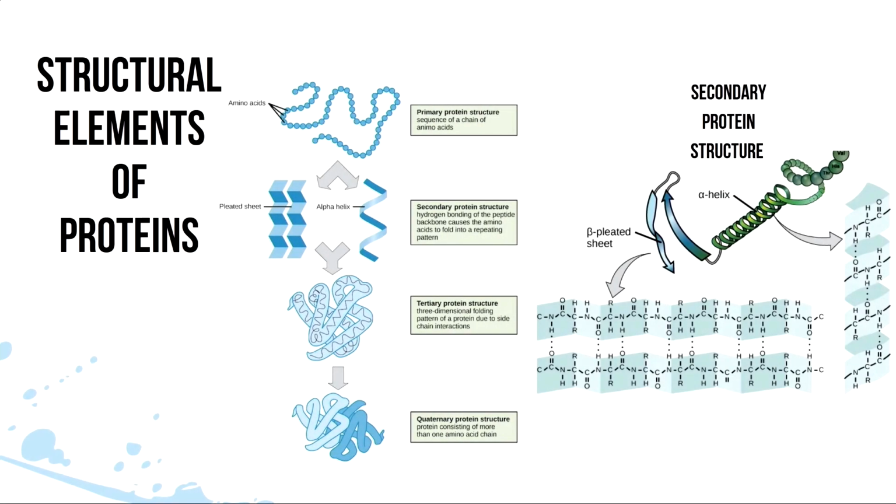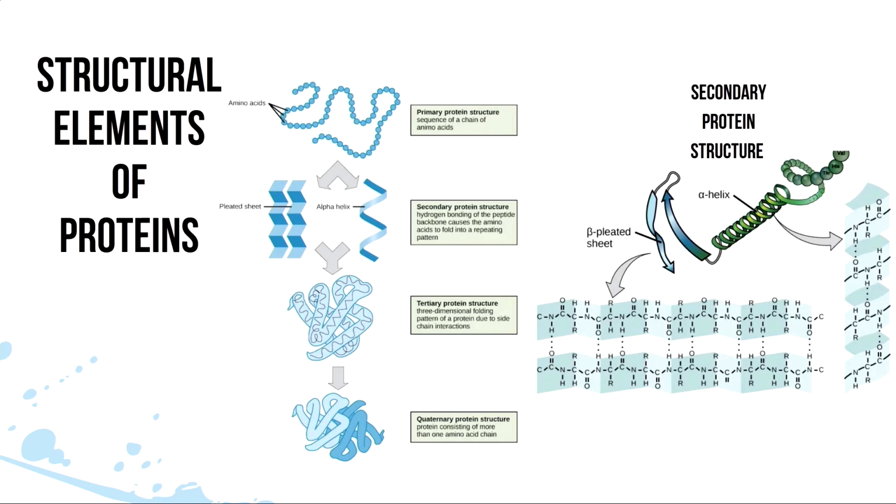We'll look at some structural elements of proteins. If I take a protein sequence, it will first fold into smaller portions like this. So this is the thread. The thread can fold into these spring-like things or into these sheet-like things based on their chemical properties.